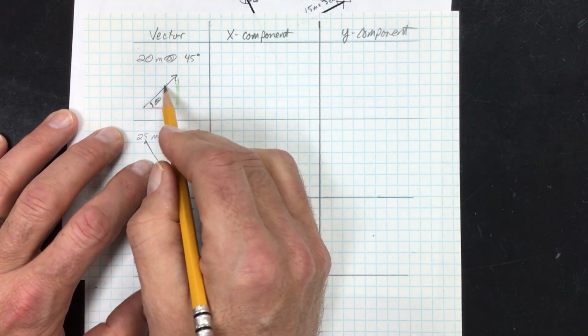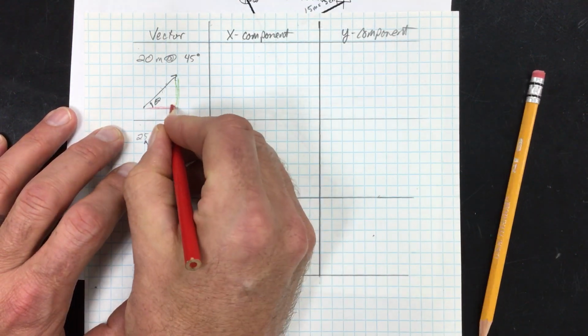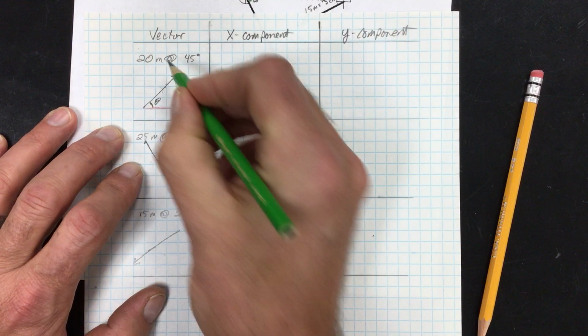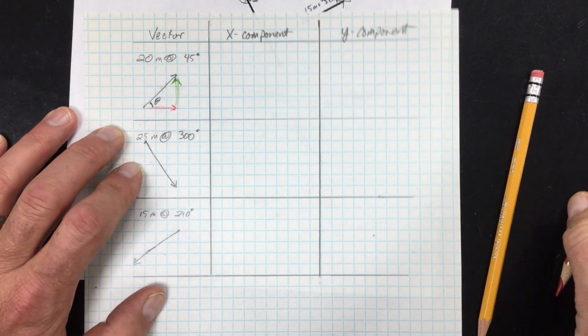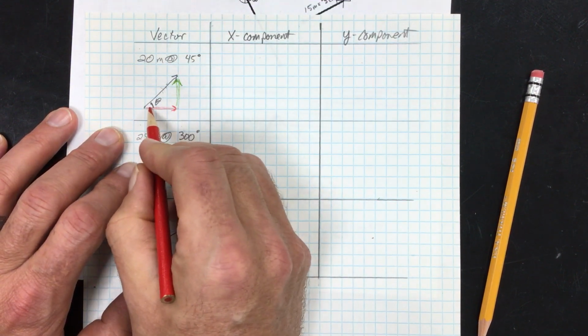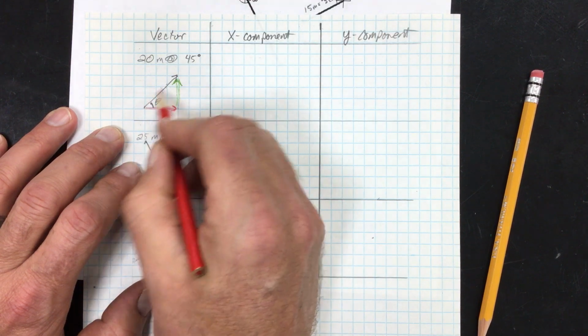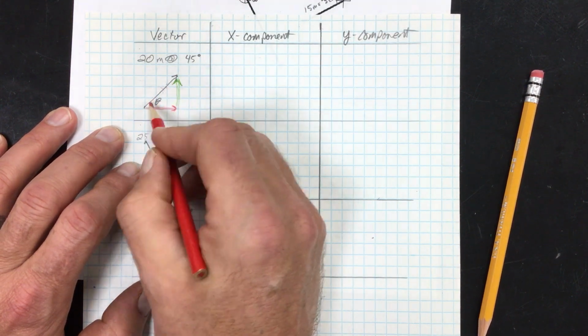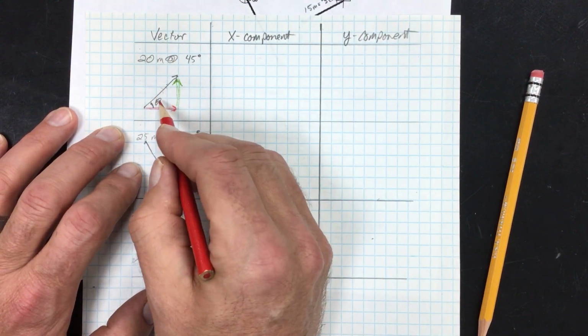So the x component is along here, and I forgot to include my arrowheads. And again, I like using different colors to make these different components stand out. So I noticed that in this case, the horizontal component of the vector is the adjacent side to the vector itself, to the hypotenuse.